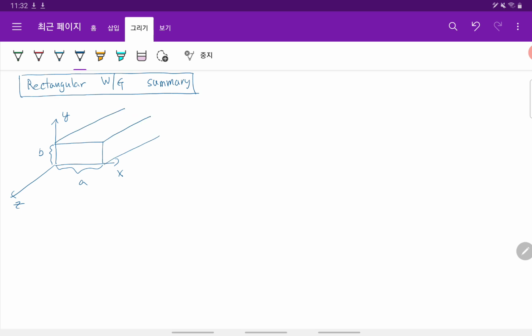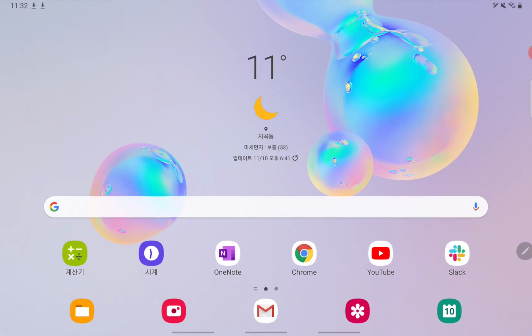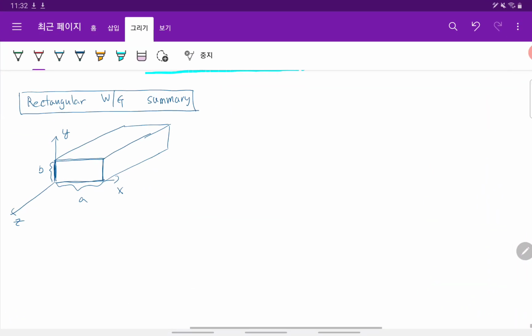We have this metal structure to guide the wave in this direction. So the wave, beta, is in this direction, right?